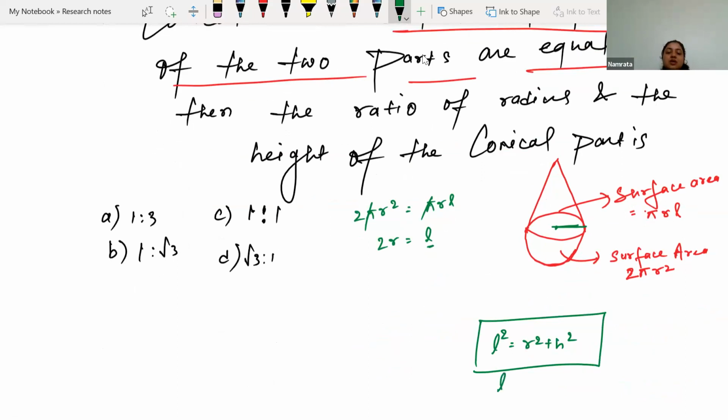So L will be under root R square plus H square. Let's substitute it. In place of L, I am going to write root of R square plus H square. Okay, so this is what we got. Now how to solve this equation having a square root?